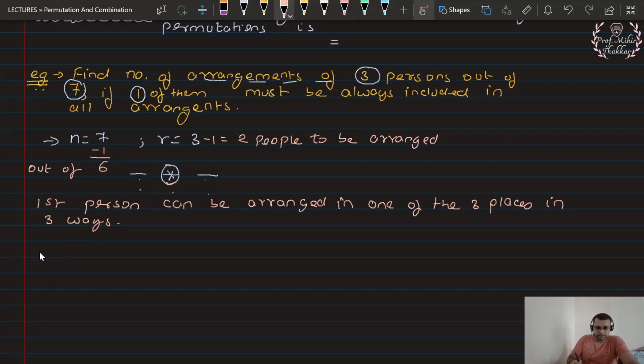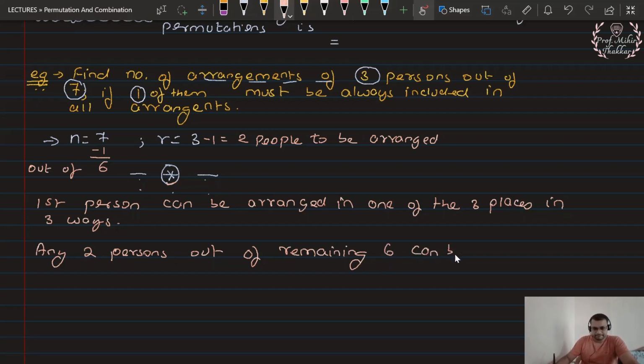So we say over here, any two persons out of remaining 6 can be arranged in how many ways? In 6P2 ways.